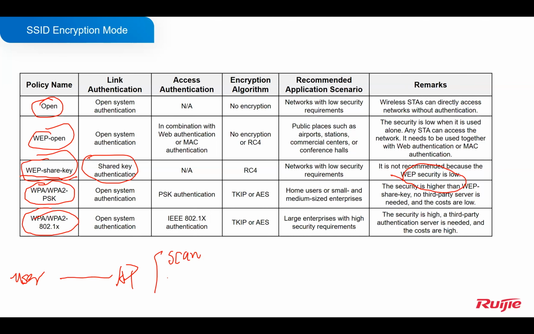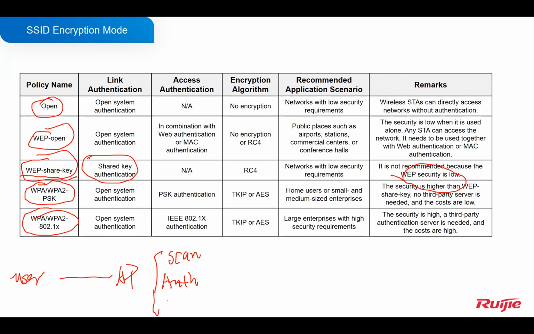And the second is the authentication. We have to compare the authentication information between the user and the AP. The user does the authentication and sends the authentication request to the AP, and then the AP sends the authentication response to our user.